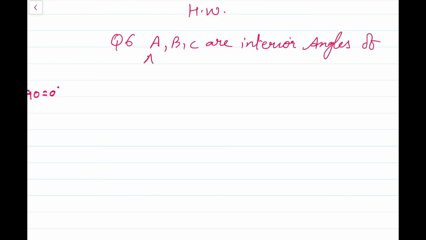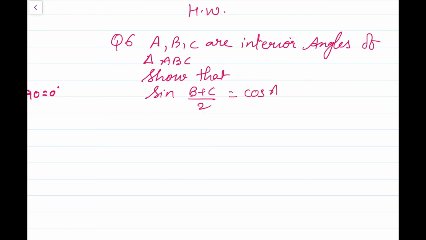In question number 6, it is given that A, B and C are interior angles of triangle ABC. We have to show that sin (B plus C) upon 2 is equal to cos A upon 2. Now here we know according to angle sum property A plus B plus C is 180 degrees.